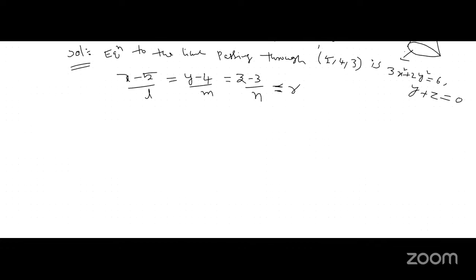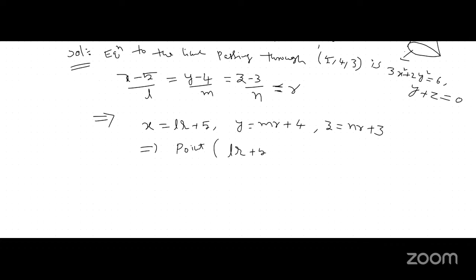That implies x equals lr plus 5, y equals mr plus 4 and z equals nr plus 3. Therefore, the point becomes (lr plus 5, mr plus 4, nr plus 3).